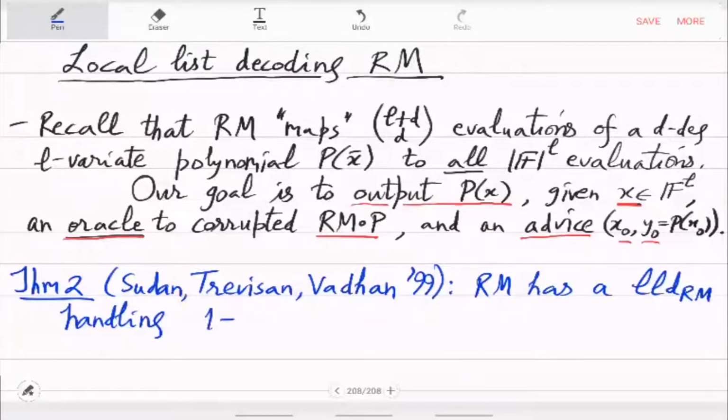So it's 1 minus 10 square root of d by q. Remember that this is the non-binary version.